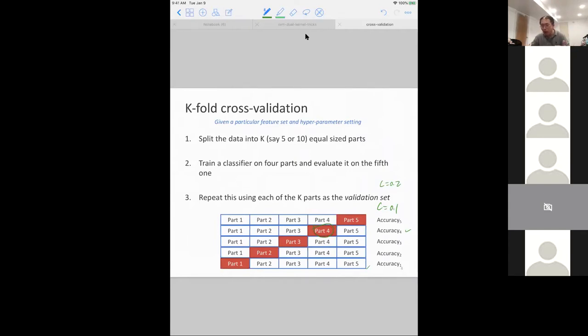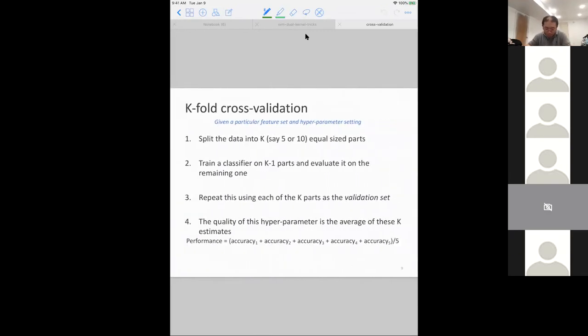So you just compare all the measurements to pick the hyperparameter setting that has the best average k-fold cross-validation accuracy. Then you choose that as the best hyperparameter. Then you train a model on the whole data with this selected hyperparameter. Okay.